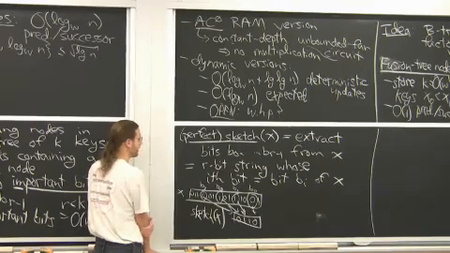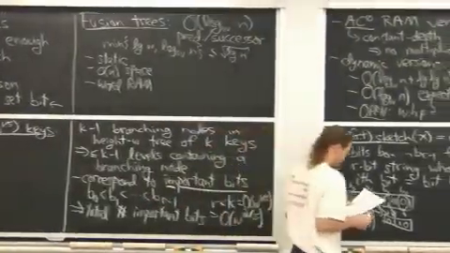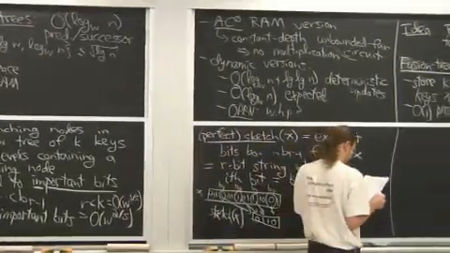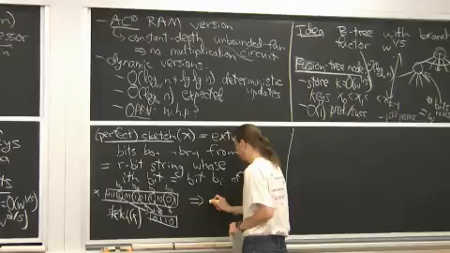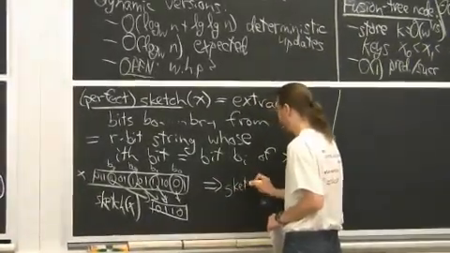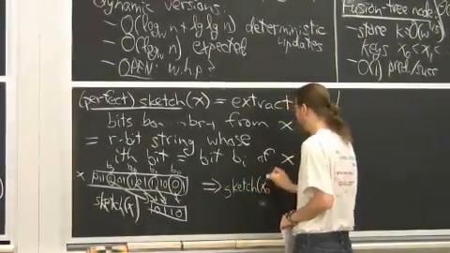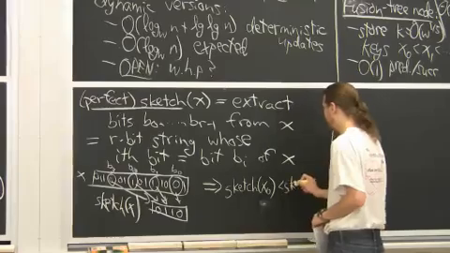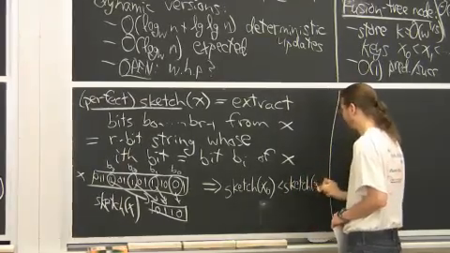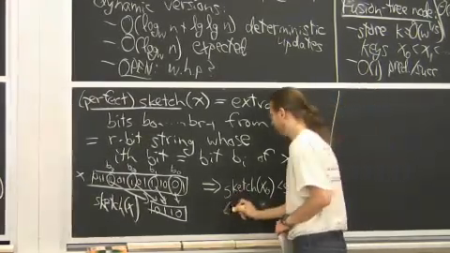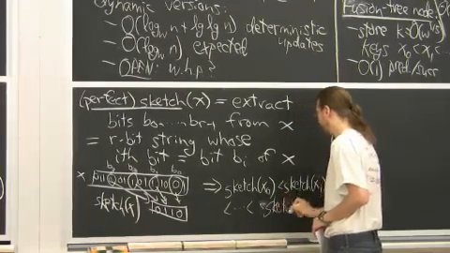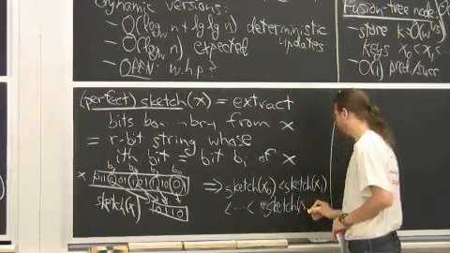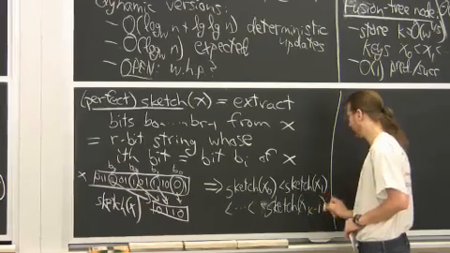So, the perfect sketch is good because it implies the following nice property. If you look at the sketch of x0, that's going to be less than the sketch of x1, and so on, which is going to be less than the sketch of xk minus 1.